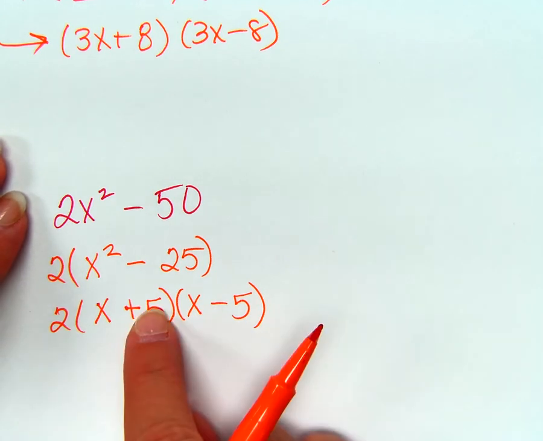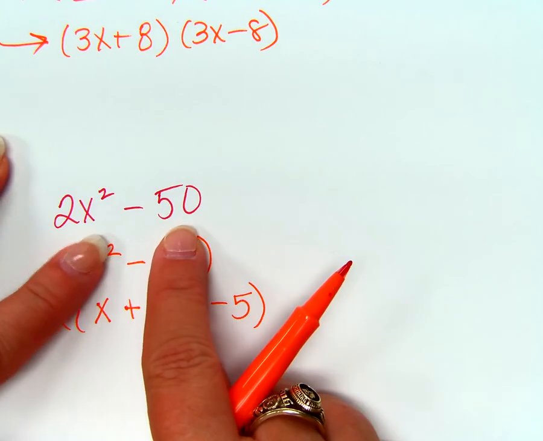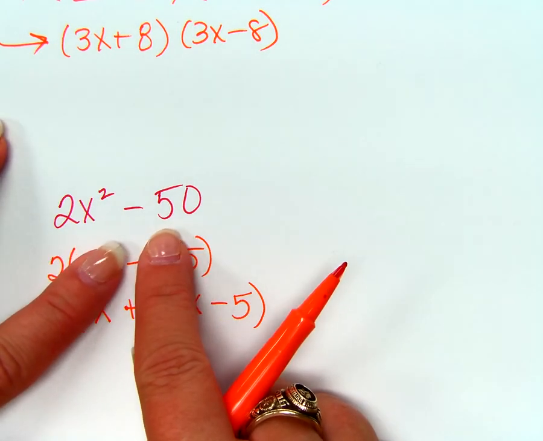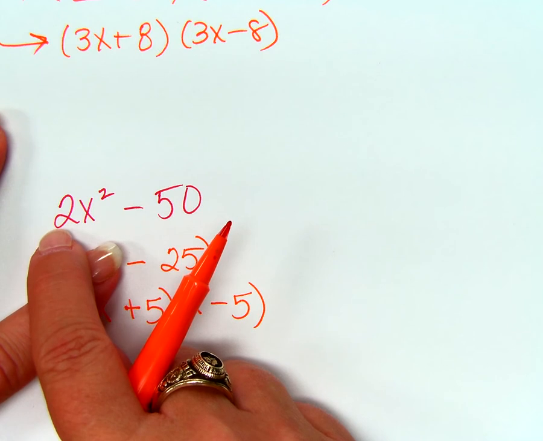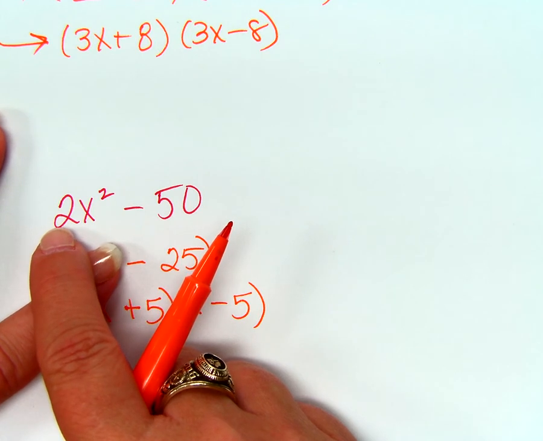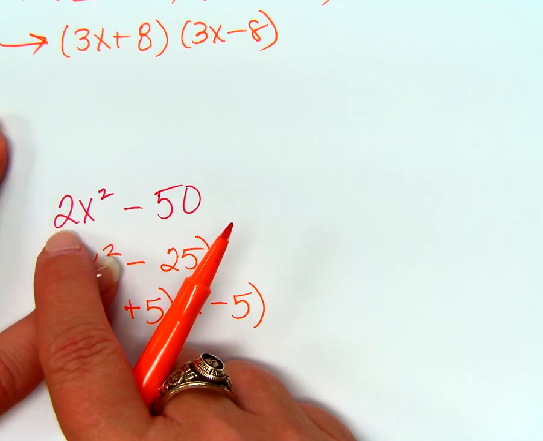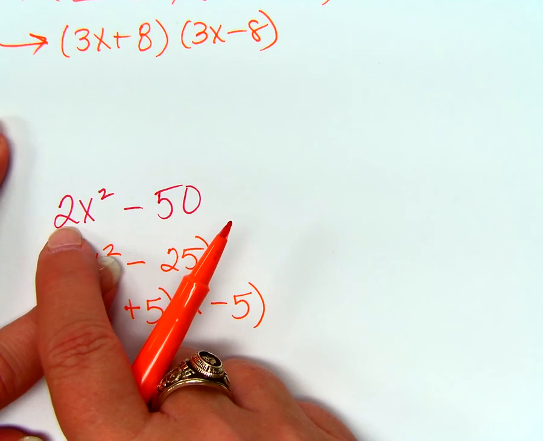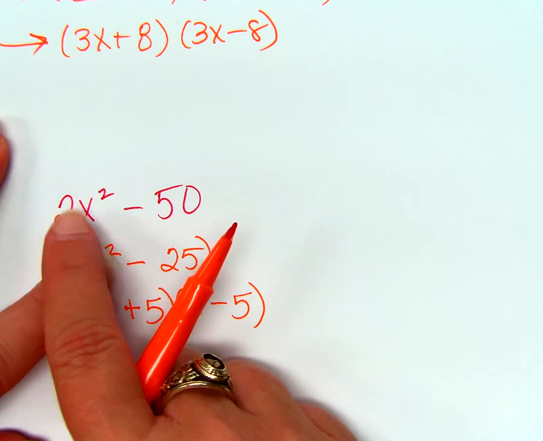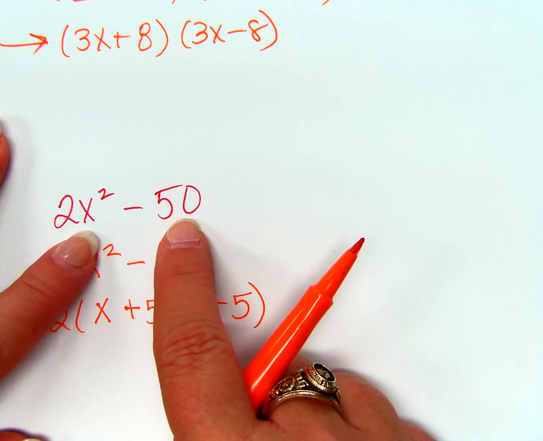What, on this one? Okay, so I said, is it the difference of squares? And you guys said no. Because I can't take the square root of 2. I mean, I can, but it would be a really ugly decimal. It's not a whole number. But I did notice that both of these two terms were divisible by 2.